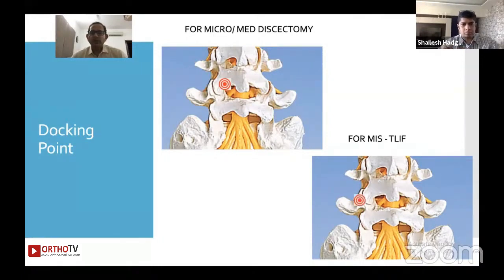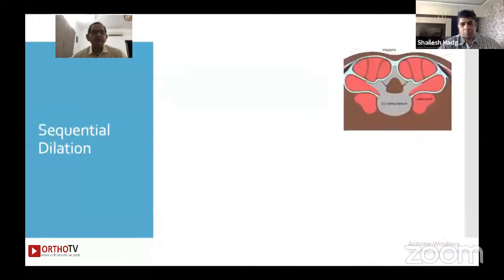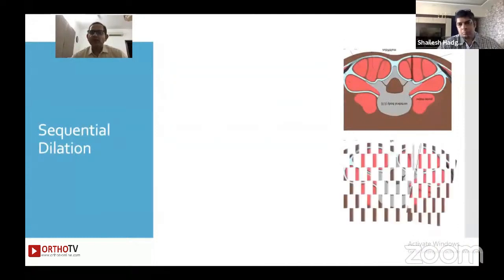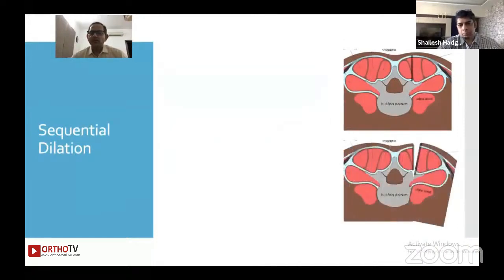Whereas for the MIS TLIF, it is the superior articular process of the vertebra below which is going to be your docking point.